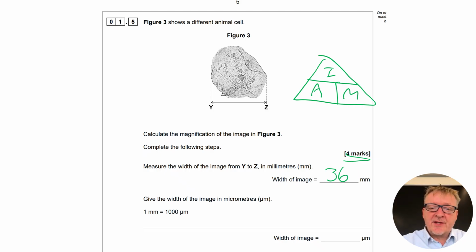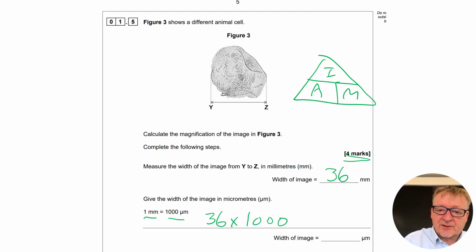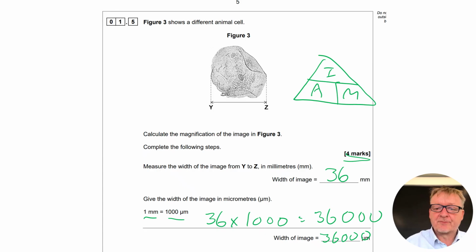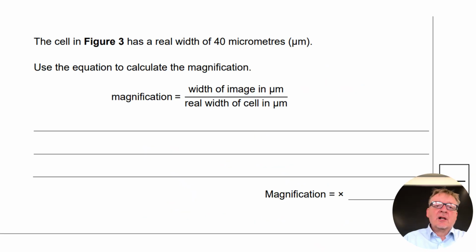Give the width of the image in micrometers. So if 1 millimeter equals 1,000 micrometers, we do 36 millimeters multiplied by 1,000, which gives us 36,000 micrometers. Make sure you write it on the line. Figure 3, the one we were just looking at, has a real width.